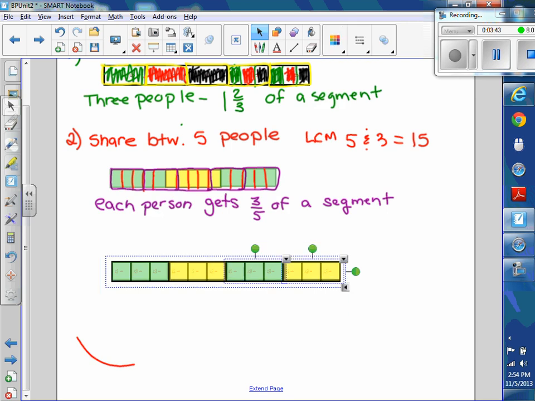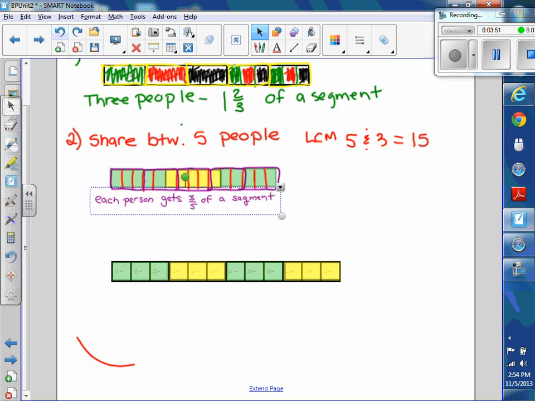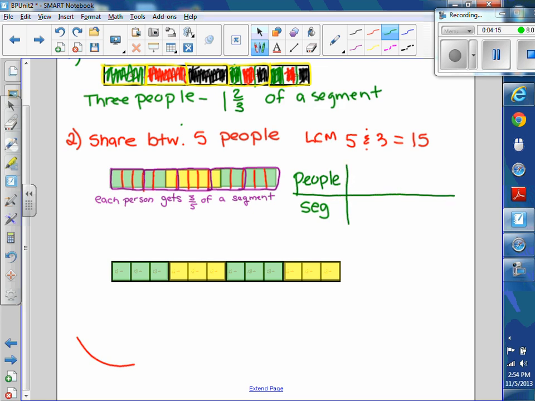You can do this with the ratio table, what you do in your homework tonight. Okay. So if I just shrink my writing, wouldn't it be great if we could do that? If I had a ratio table that told me the number of segments and the number of people in a ratio table, then in this original problem, remember we had 5 people and only 3 segments.